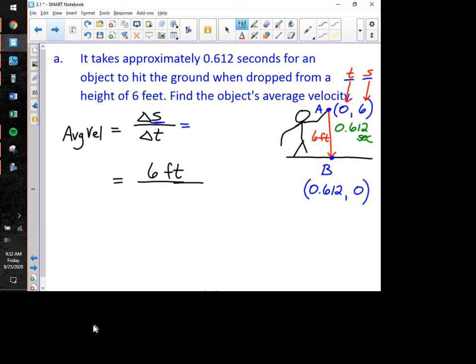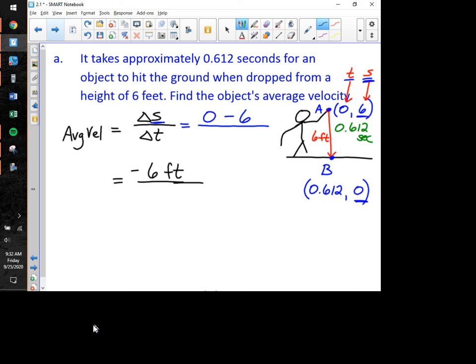Really, point B minus point A. So when we go to do this numerator, the ending position, the ending S of this object, it ended right here at a height of 0, minus now the starting position, which had a height of 6. And that might show you something important. This numerator here, the delta S, the displacement, the distance that this thing moved is actually negative 6 feet.